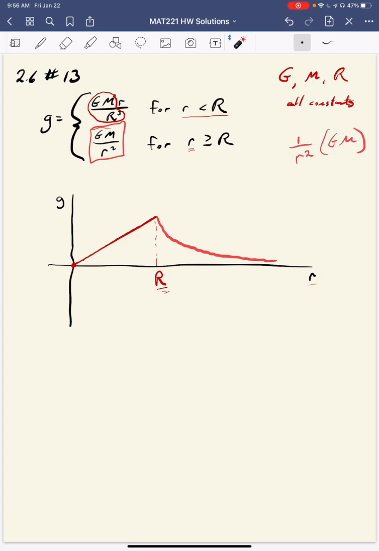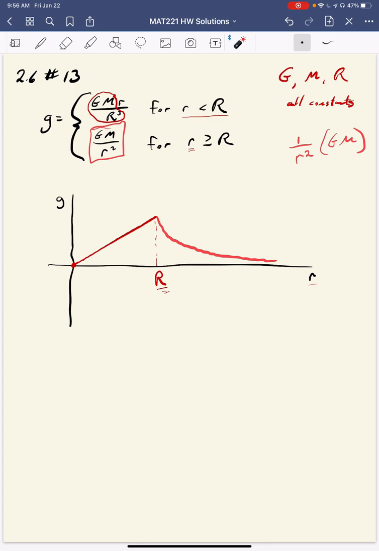And since we're not letting lowercase r be equal to 0, that variable r in this case is always greater than or equal to the value of uppercase R. We know that this portion of the graph is a continuous function. So the only spot we have to worry about is right here where those two graphs meet.